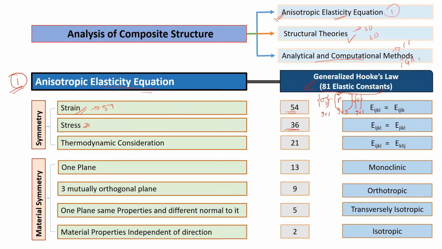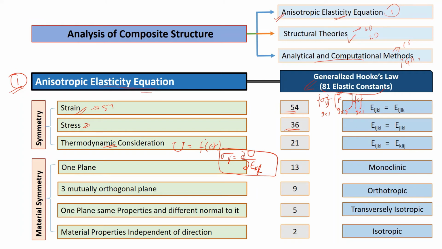Then further, the thermodynamic consideration. What is the thermodynamic consideration here? We assume that the strain energy is a function of strain or stresses. So if we have to find the stresses, then the partial derivative of the strain energy with respect to strain epsilon KL gives the value of sigma ij.